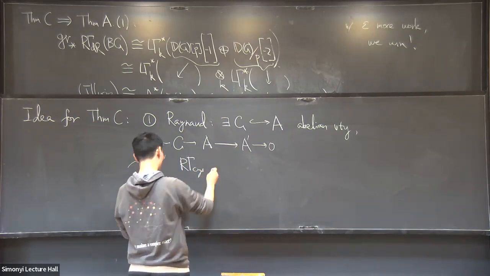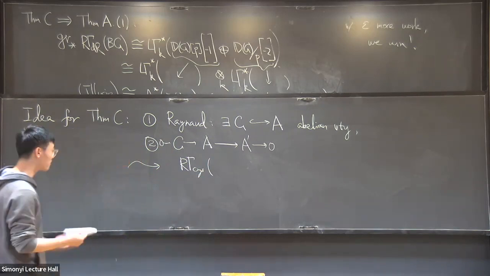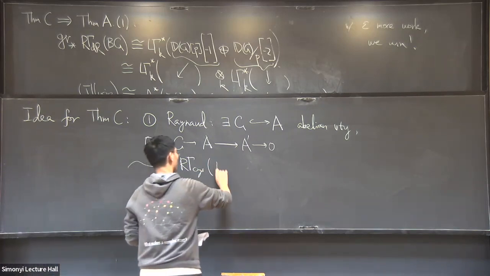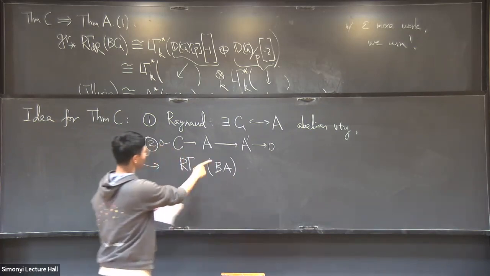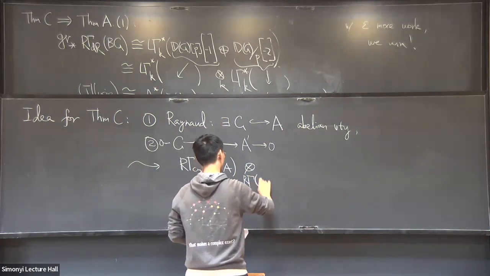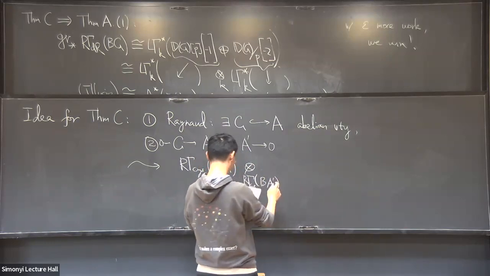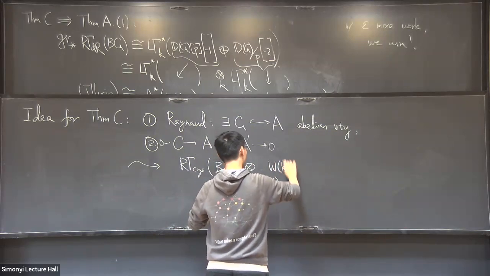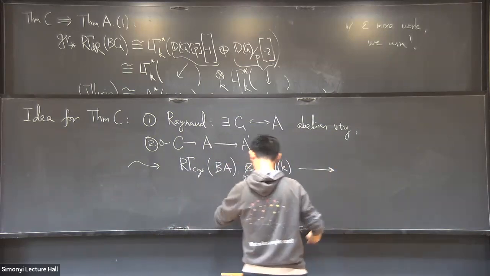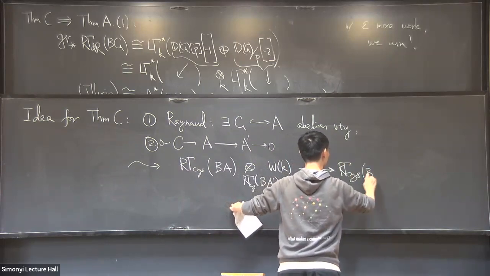Okay, let's just think about this case of crystalline cohomology. Just from this sequence, you will get a natural arrow like the following: RΓ crystalline of BA prime, W(k), map into RΓ crystalline of BG.